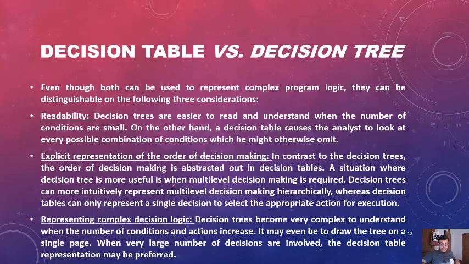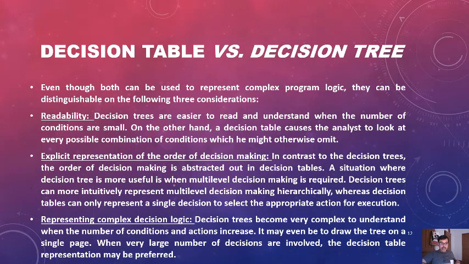The next point is explicit representation of the order of decision making. In contrast to the decision tree, the order of decision making is abstracted out in decision tables. A situation where a decision tree is more useful is when multi-level decision making is required.